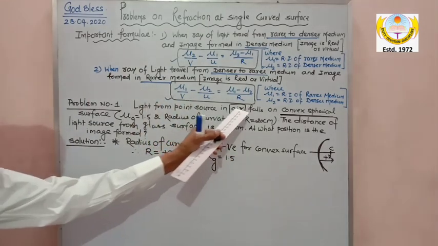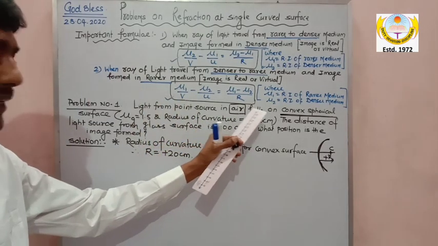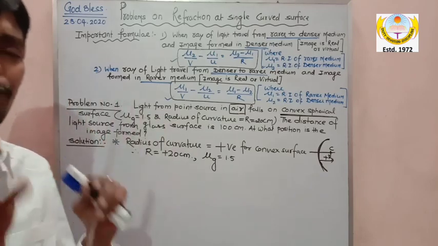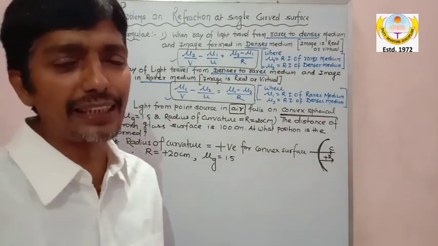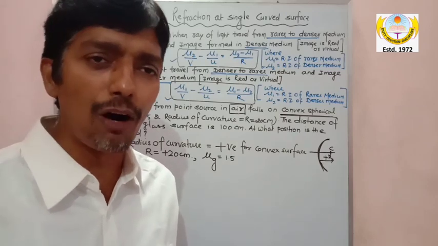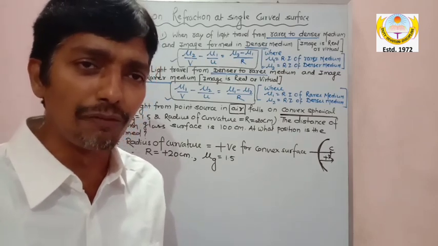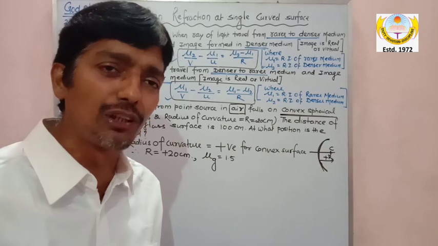And here you can see the object is in the rarer medium and the image must be formed in the denser medium. Because whenever the object is kept in the rarer, the image will form in the denser, because it is a topic of refraction, there is a change of medium.